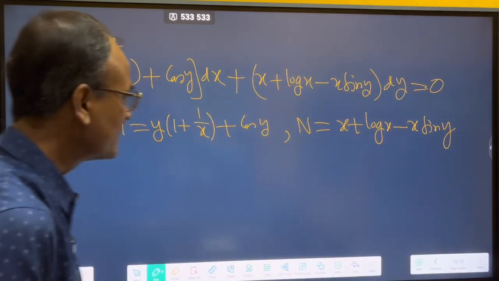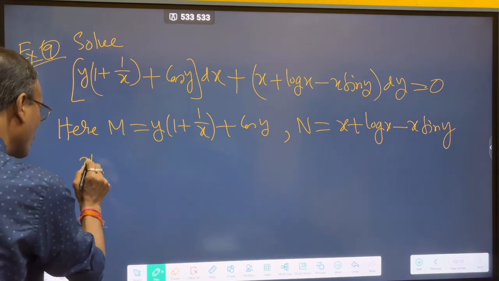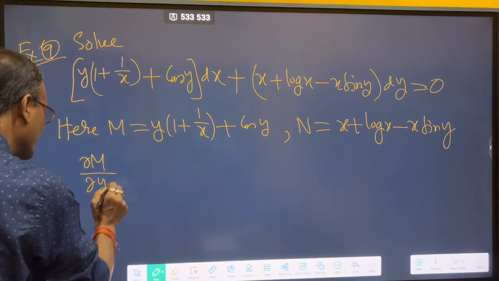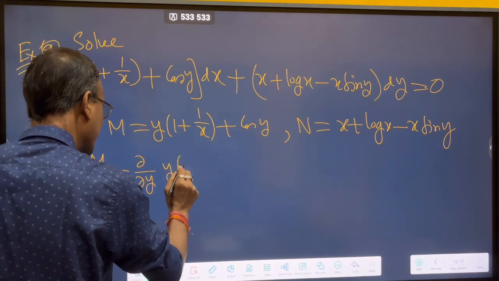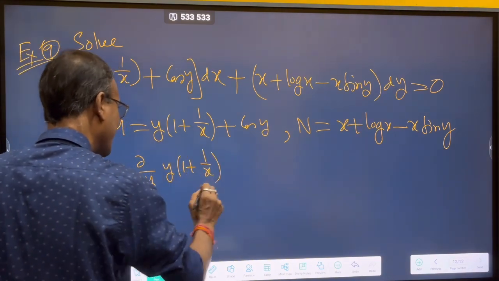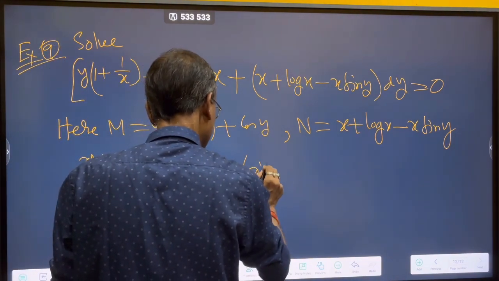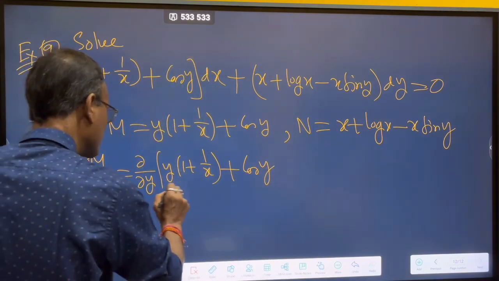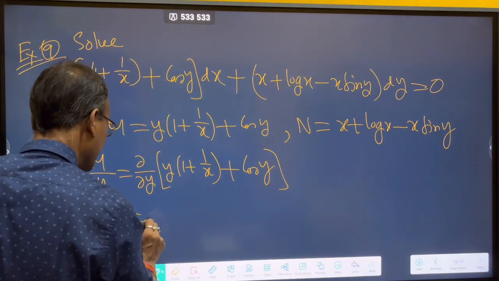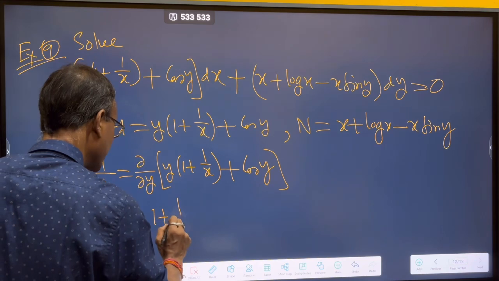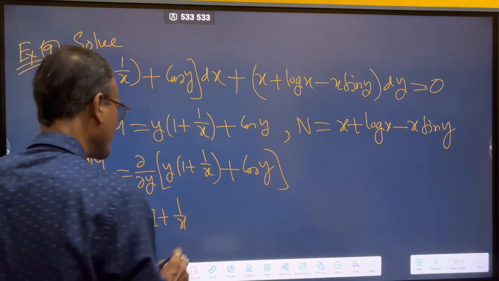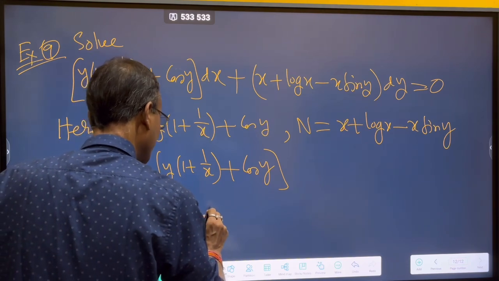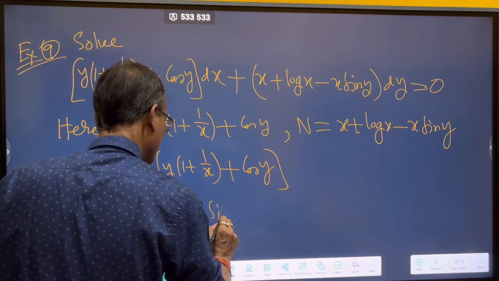Del M by del y equal to del y of y(1 plus 1 by x) plus cos y with respect to y. Treat x as constant. 1 plus 1 by x, and it will be minus sin y.